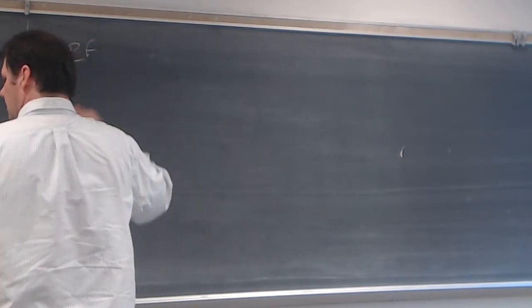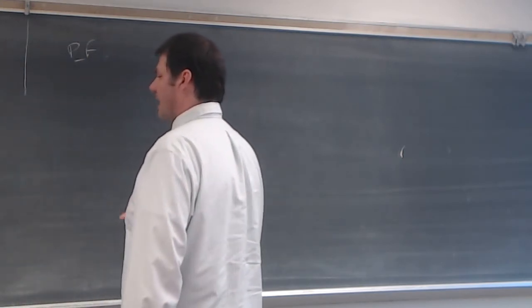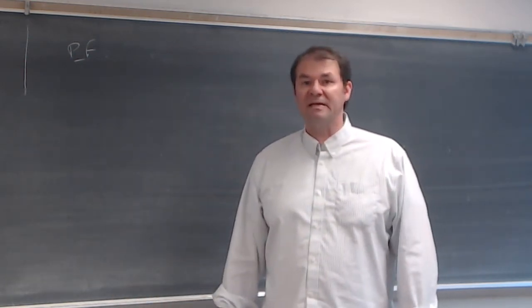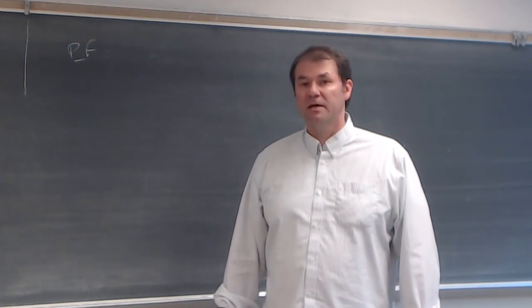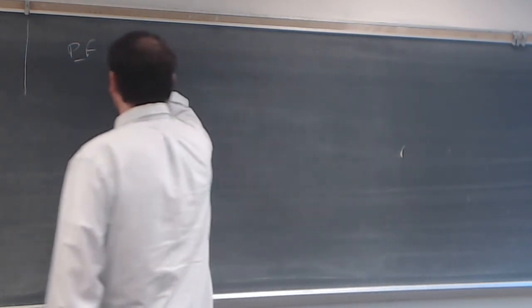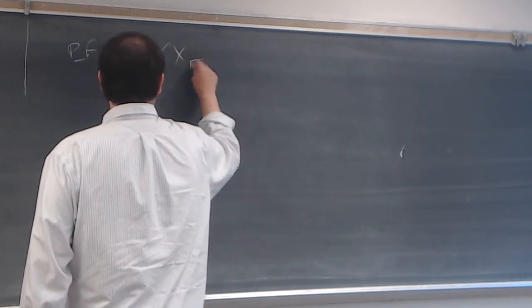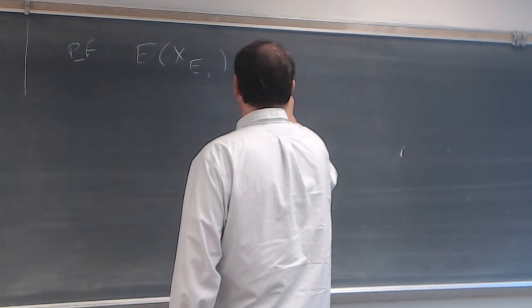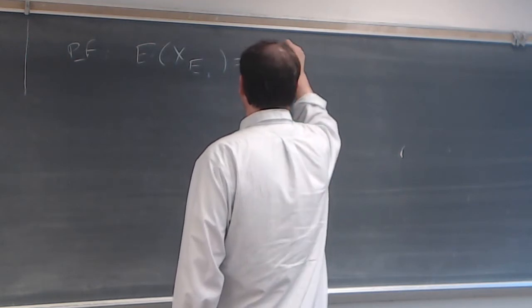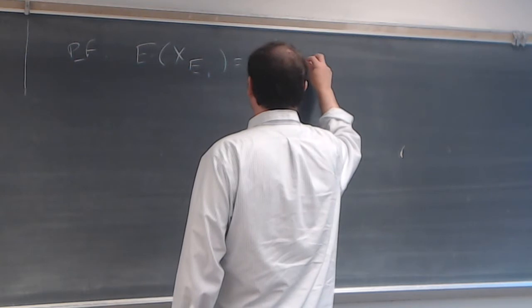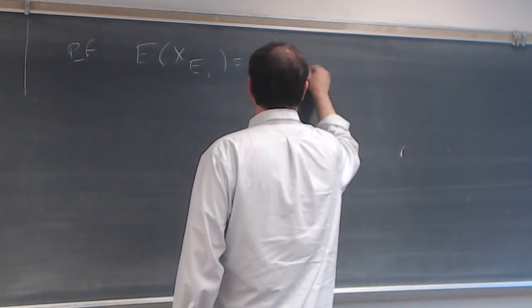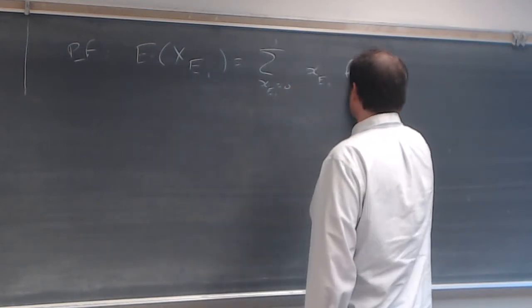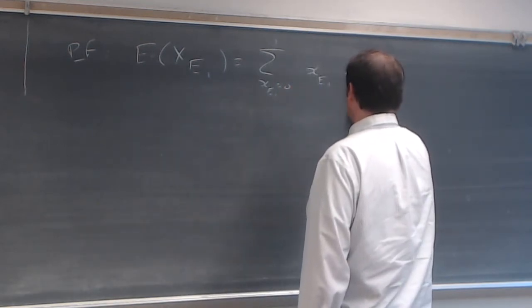To prove, one thing to notice about X sub E sub 1, because it's defined to be just 1 or 0, is that X sub E sub 1 is a discrete random variable. So the expected value of X sub E sub 1 is equal to the sum over X sub E sub 1 values of 0 to 1 of X sub E sub 1 times the probability mass function of X sub E sub 1.